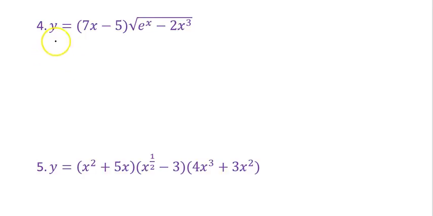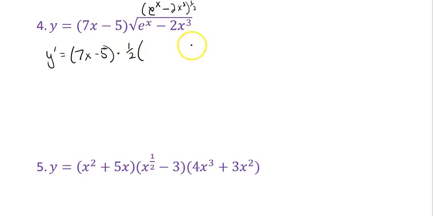Okay, so hopefully you remember to think of this radical as being a power, so e to the x minus 2x cubed to the 1/2. And then I could do, the derivative is first times the derivative of the second, and that's a chain rule, so I have to think about the outside, keep the inside the same, and then multiply by the derivative of the inside, which would be e to the x minus 6x squared.